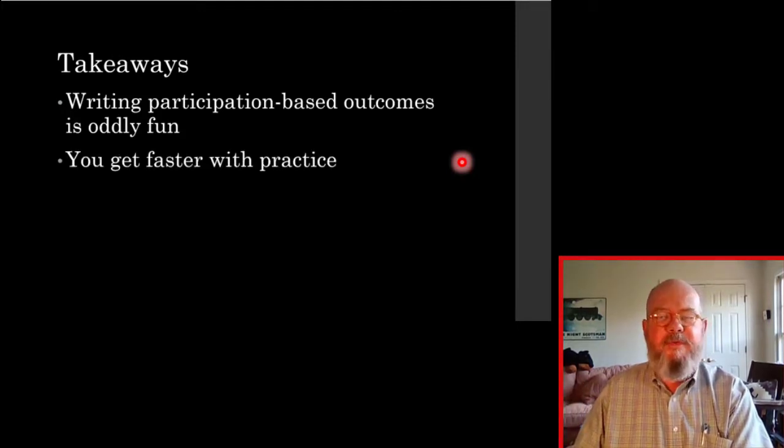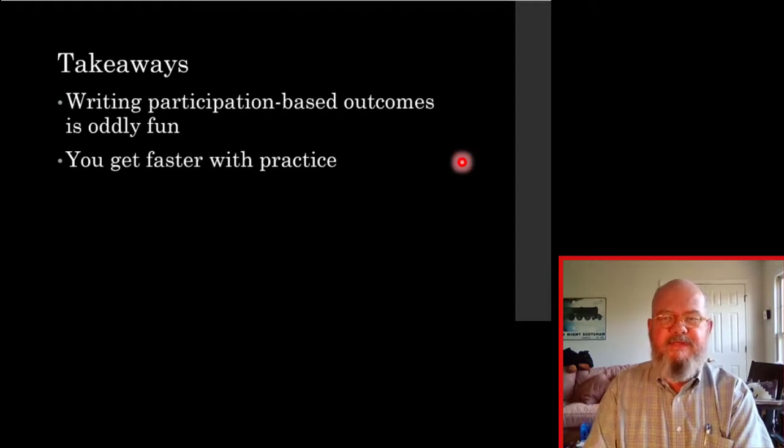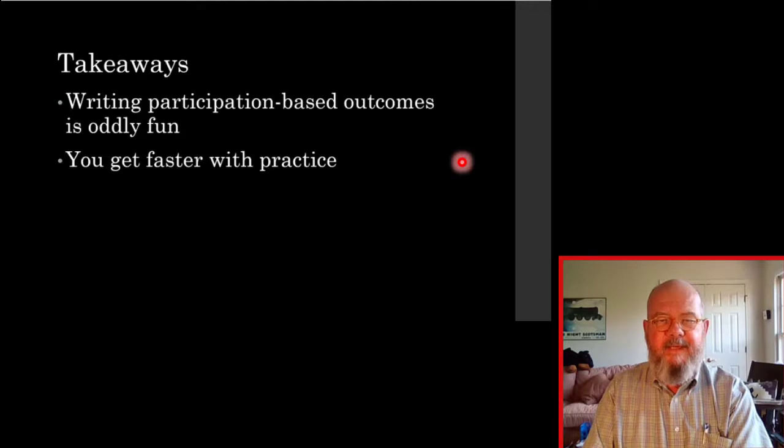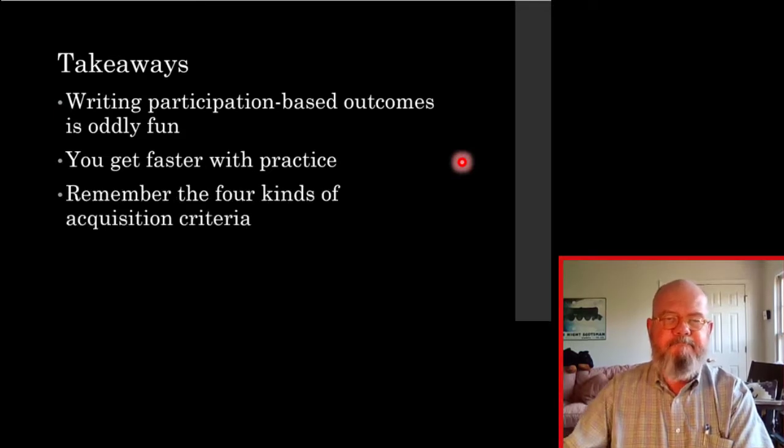You do get faster with practice. It takes me maybe 20 seconds to write a participation-based goal now. But for beginners, it can take quite a bit longer. Remember the 4 kinds of acquisition criteria: distance, volume, frequency, and duration.